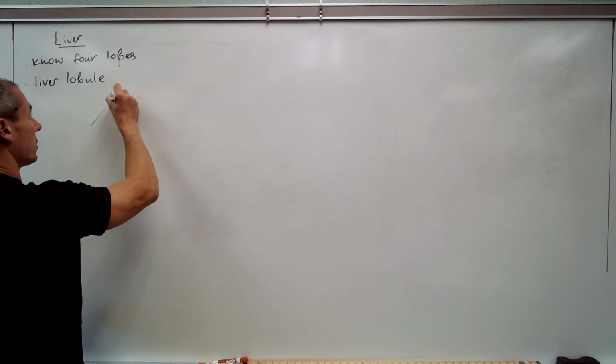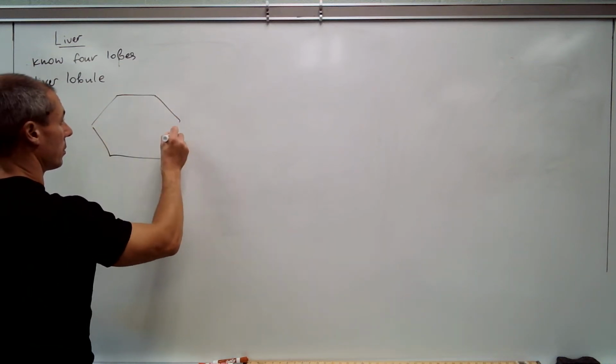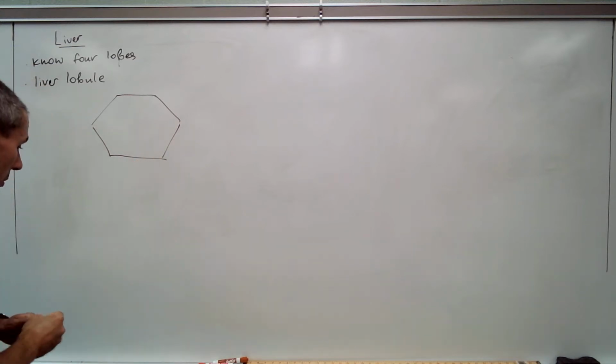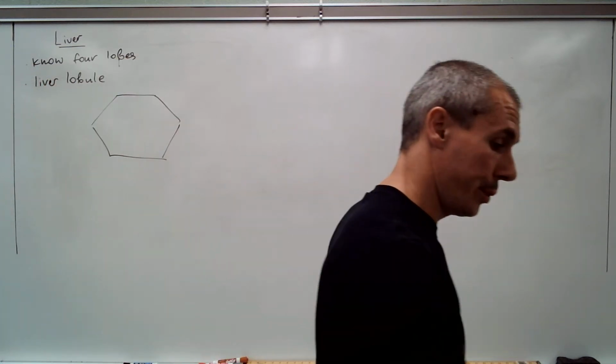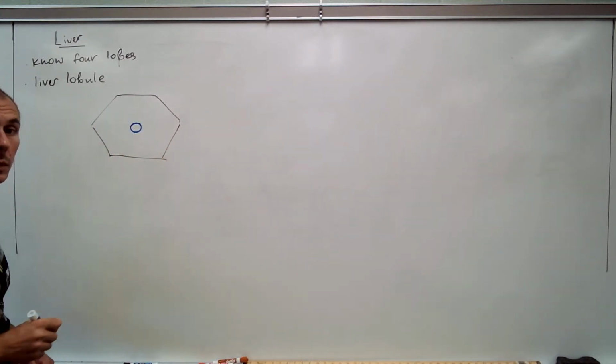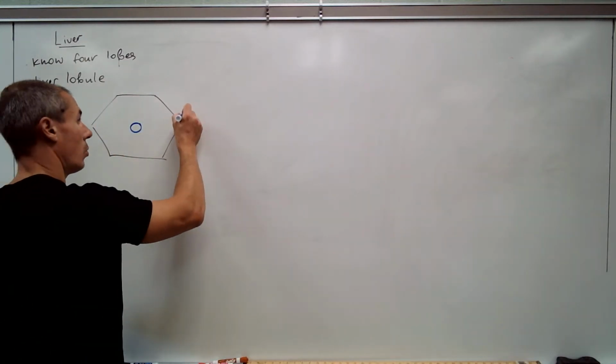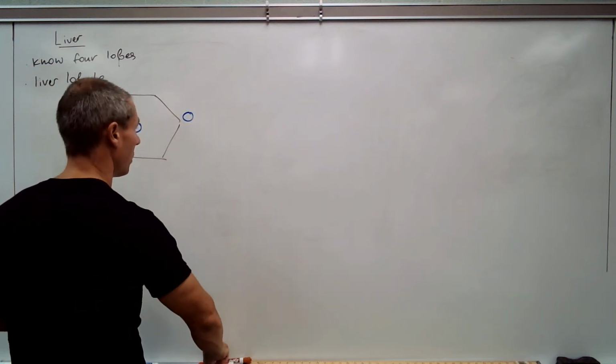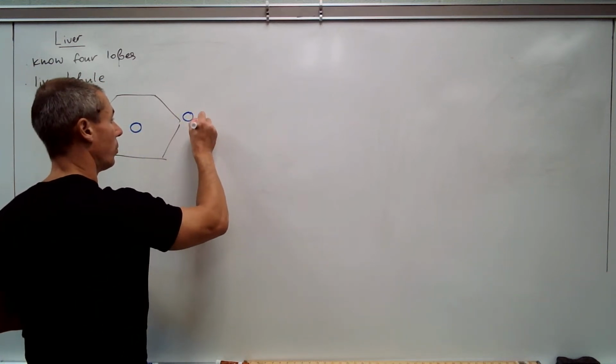Lobule looks like this. It's a hexagonal structure, more or less, right? And in the center of the lobule is a central vein, okay? And in the corners, you're going to have so-called portal triads.